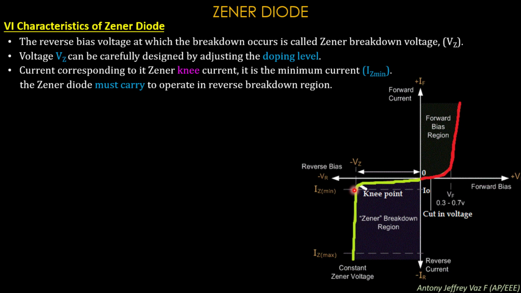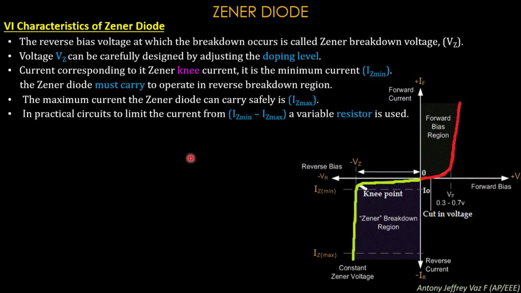This current should be present to make the Zener diode work. The maximum current the Zener diode can carry safely is Iz maximum. This is the maximum amount of current the Zener diode can handle. Above this current may damage the Zener diode completely.